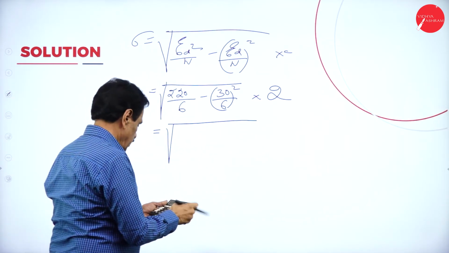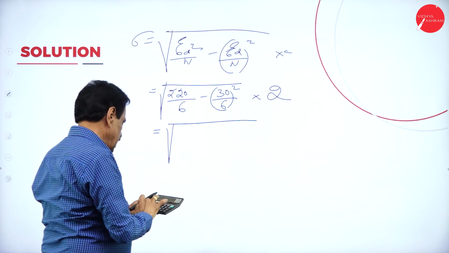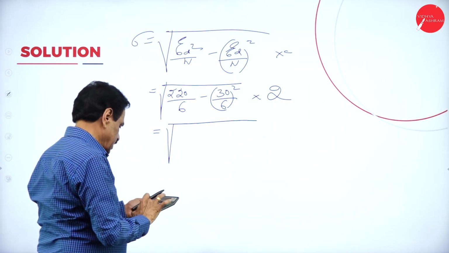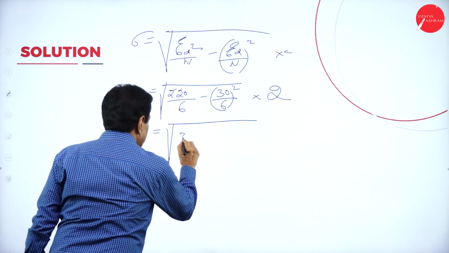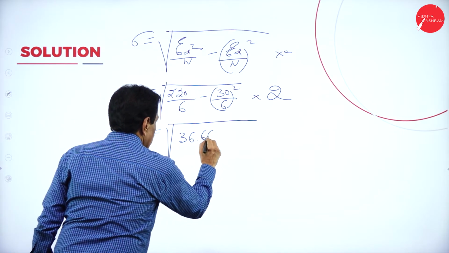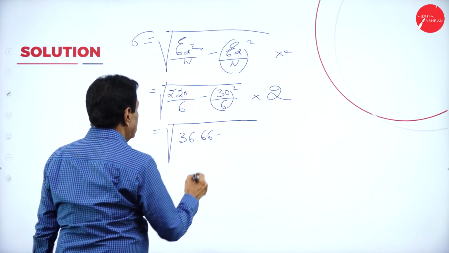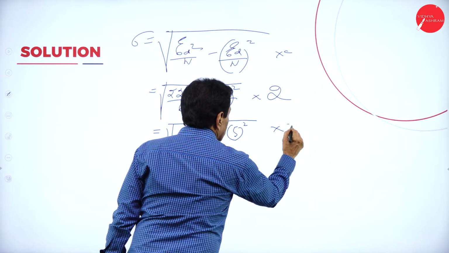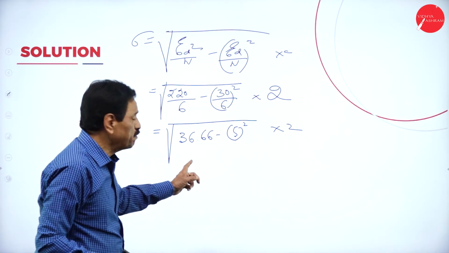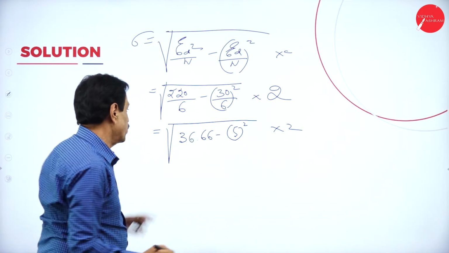Simplify this. 220 divided by 6 is 36.66 minus 30 divided by 6 is 5 whole square into 2. 36.66 minus 5 whole square.